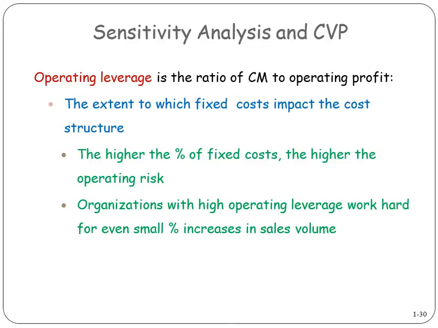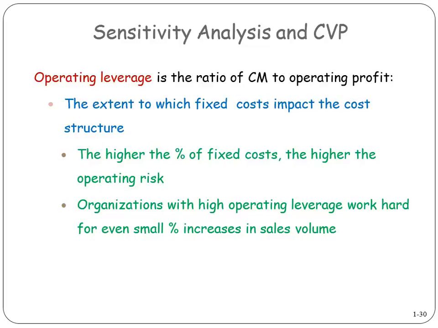So as we said, the higher the percentage of fixed costs, the higher the risk. If you're a cost leader, you're probably going to be in this business because you're going to make your money through high volume sales, low margins, high volume sales.